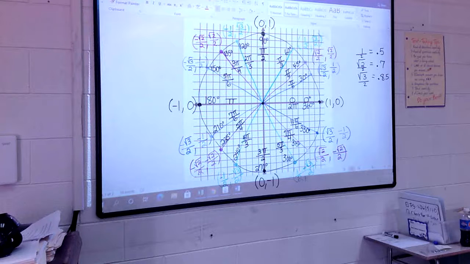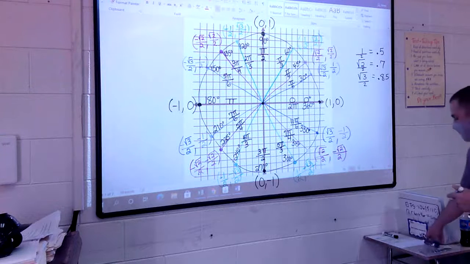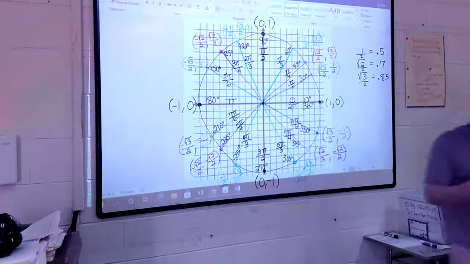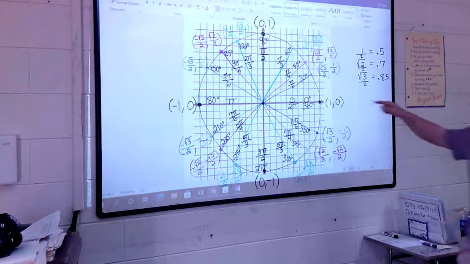Okay? So there are 66 different numbers on the unit circle. To know it is to know your angles first. So if you want to take this and make it not overwhelming, the very first thing you should do is start on the inside like I did and get your angles.